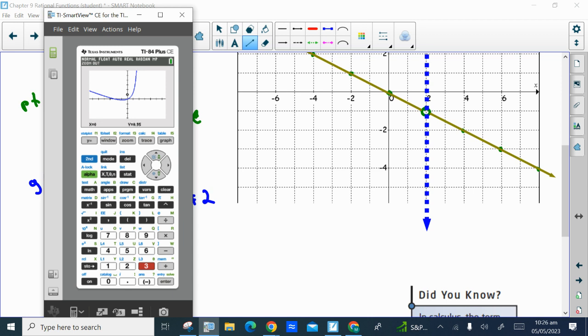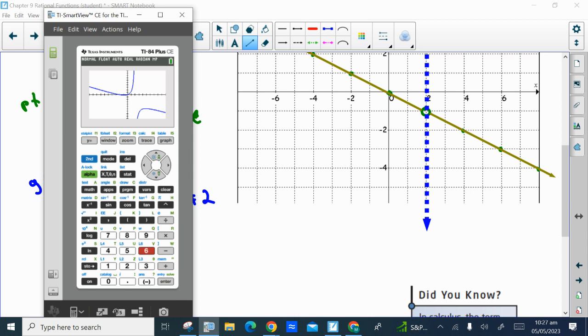You actually only see part of the graph right now. You see the left side. There we go, Zoom 6. So what happens here is the graph actually has a slant asymptote. This is something new.